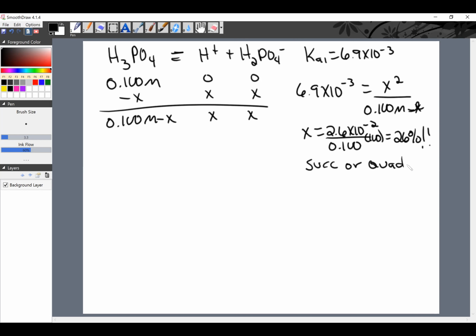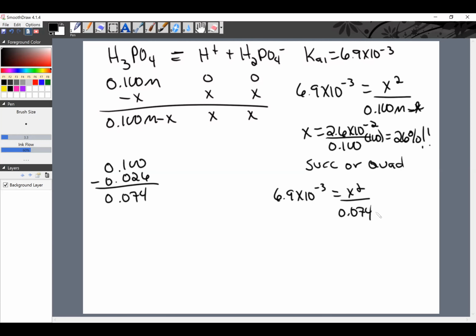All right, so I'm going to take 0.100 minus 0.026. Okay, so now I have 0.074. So it is 6.9 times 10 to the minus 3 is equal to x squared over 0.074.